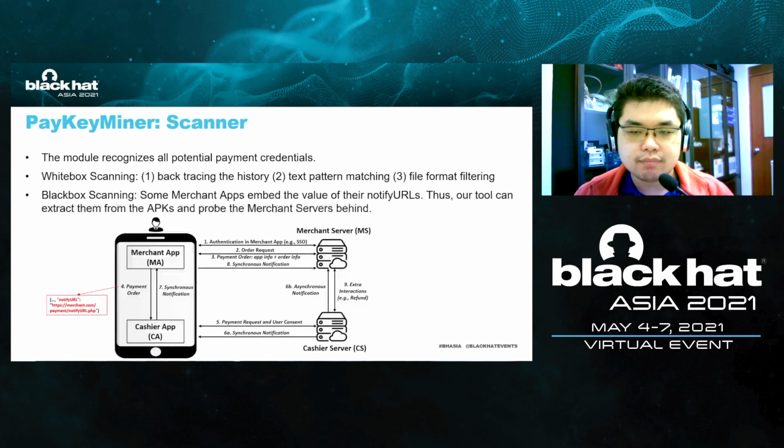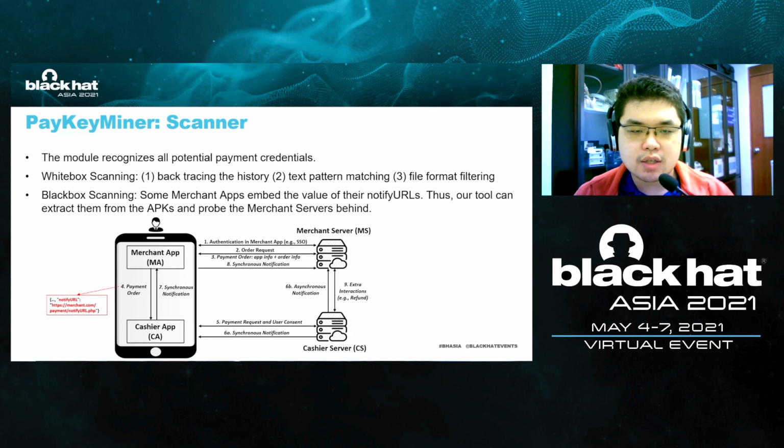The second module in PKMiner is called scanner, which recognizes all potential payment credentials from the crawler output, given a Git repository or Android APK. The tool will perform white box scanning because we can check their code directly.